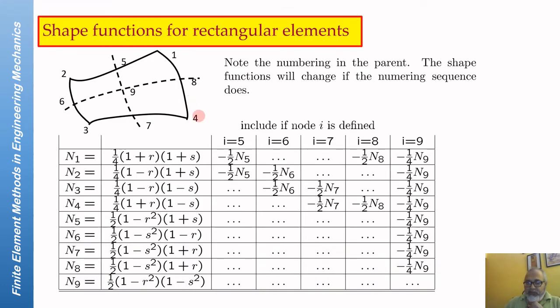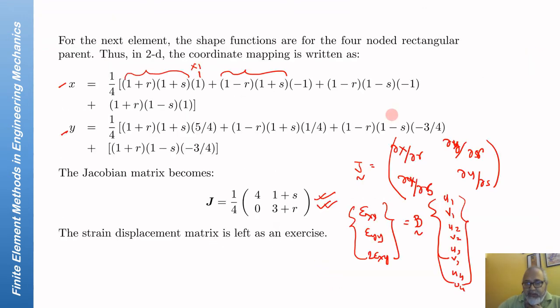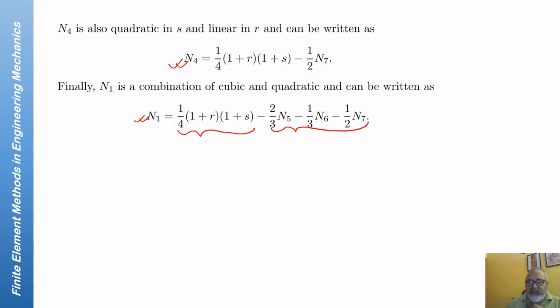So these are terms which are added if fifth node exists, if eighth node exists, and so on. And that's why we chose to write it in this manner as corrections due to N5, N6, N7. Of course, you can write it as a combination of cubic and quadratic curve in R and S.